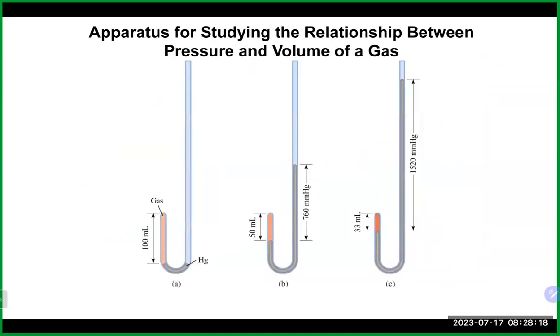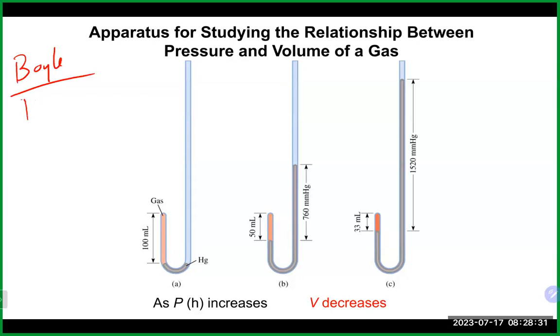So when we look at some gas law relationships, the first one that we're going to look at is our good friend Boyle. And Boyle did a lot of experiments with pressure and volume, and he kept constant temperature in this case. So what we see in this relationship with Boyle's law is, as the pressure increases, we do see that the volume decreases, and we see that here in these tubes.